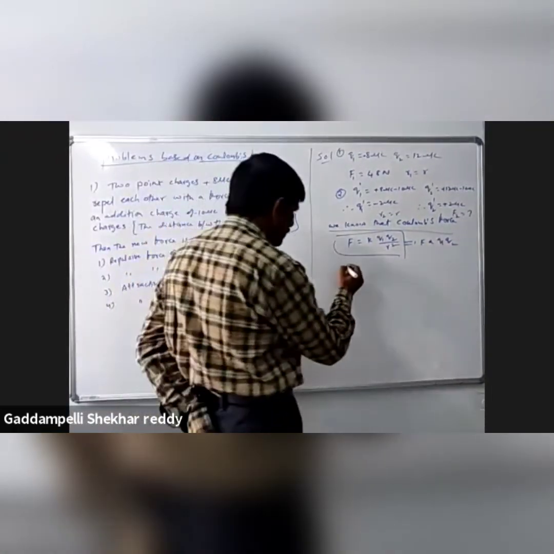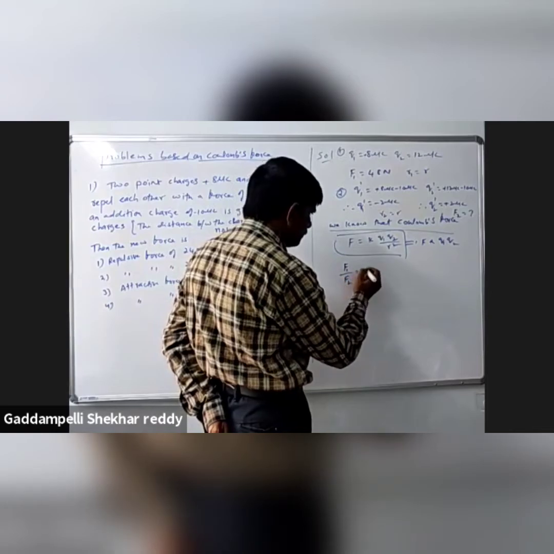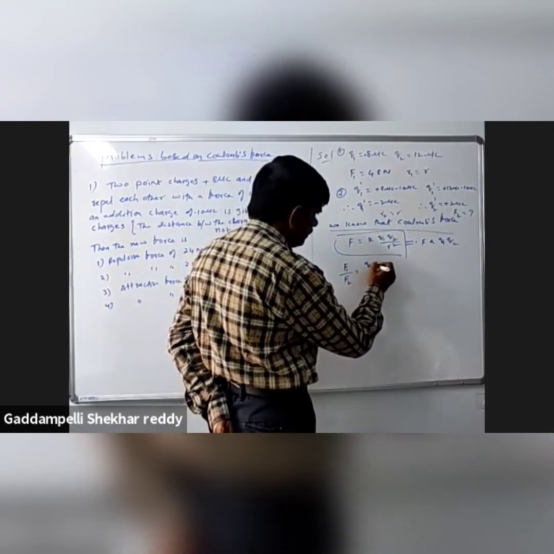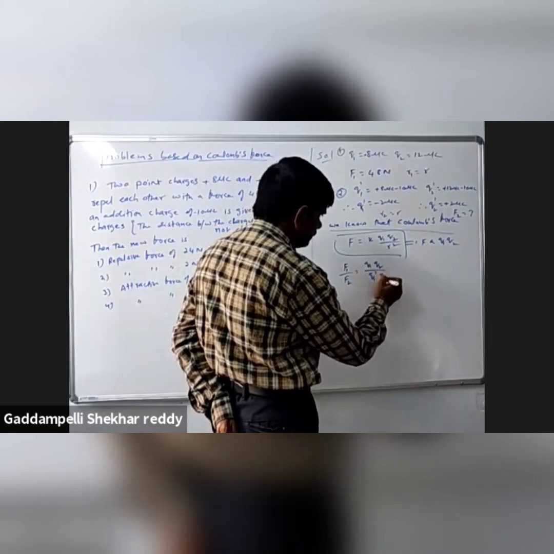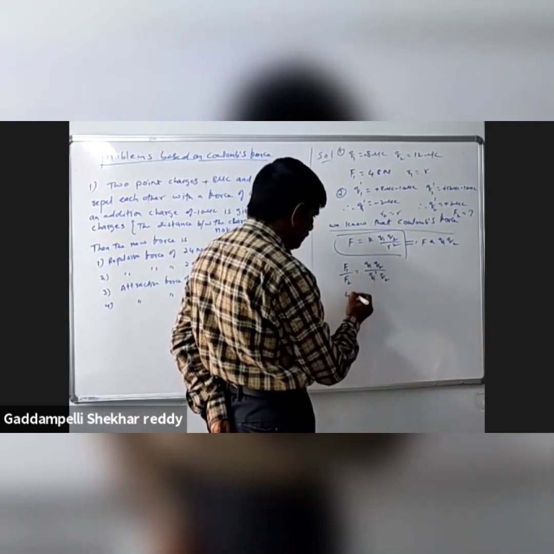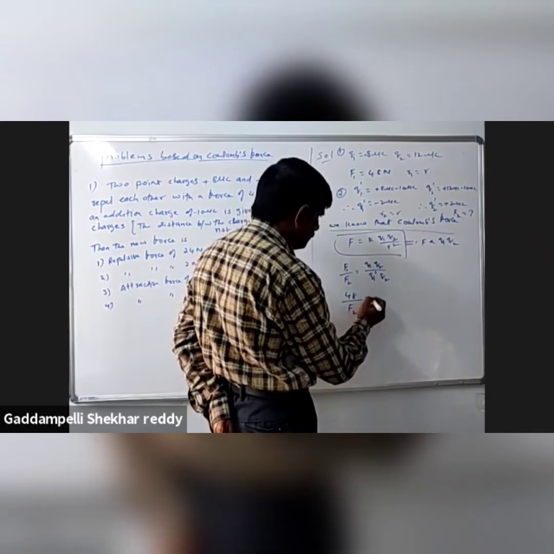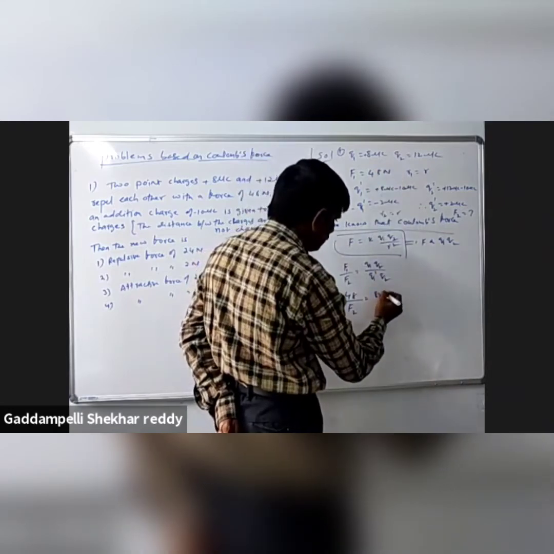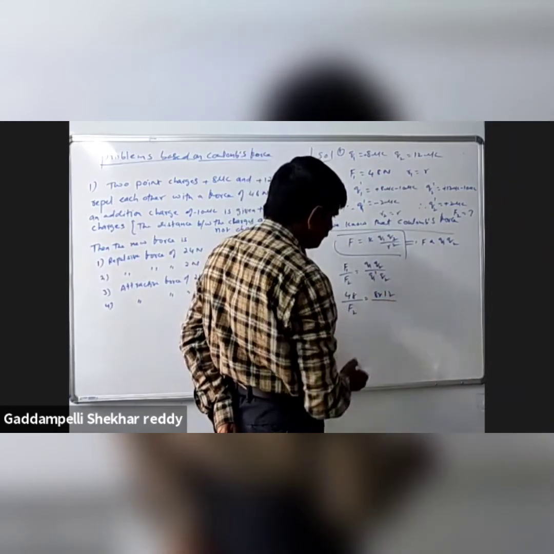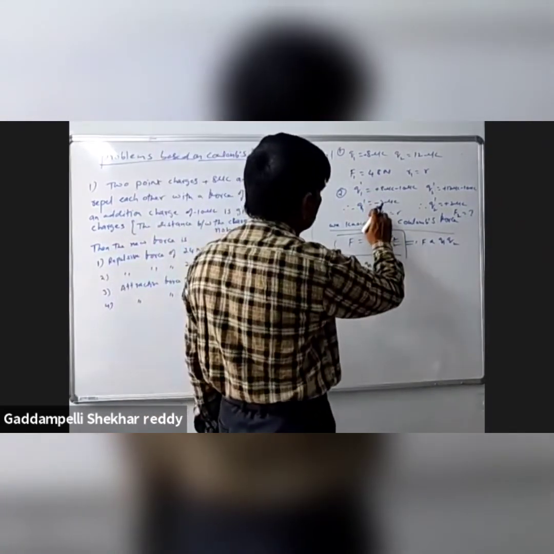So we write F1 by F2 is directly proportional to Q1 Q2 by Q1 dash Q2 dash. What is the F1 value given? 48 Newton. We are asking for F2. So Q1 is 8, Q2 is 12, and Q1 dash is how much?